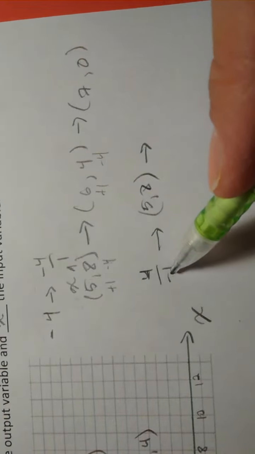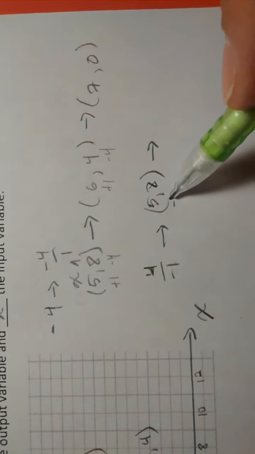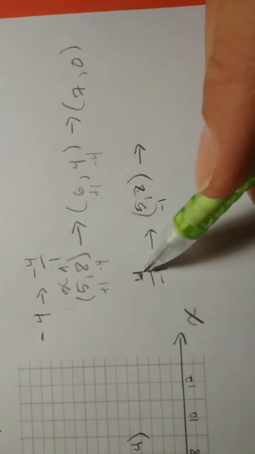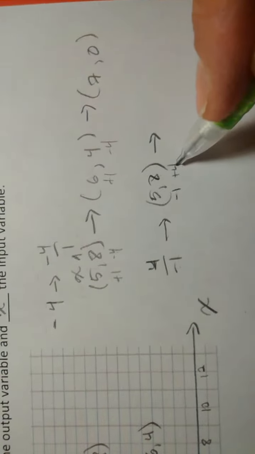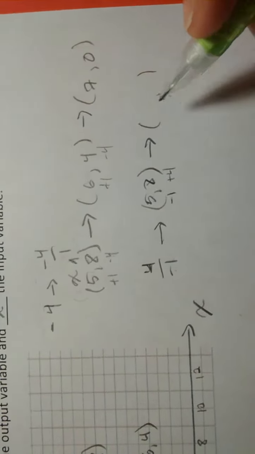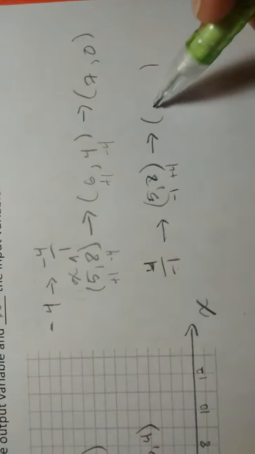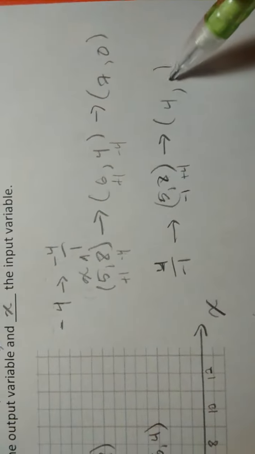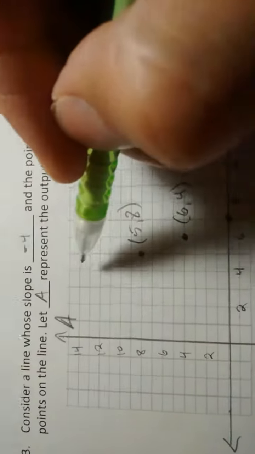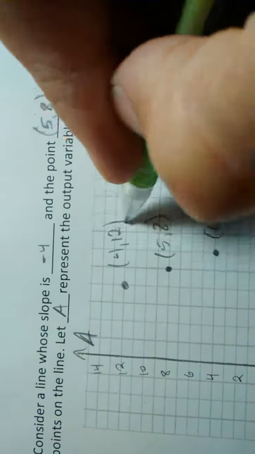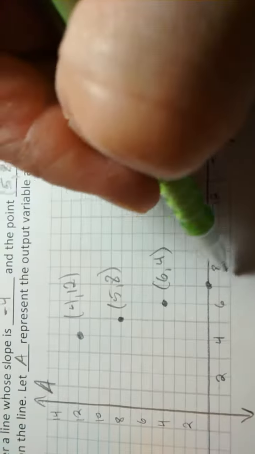In other words, as we decrease the input by 1, subtract 1, this guy right here will increase by 4. So add 4. And so another point is (4, 12). (4, 12) right there. So notice that also falls on that line right there.